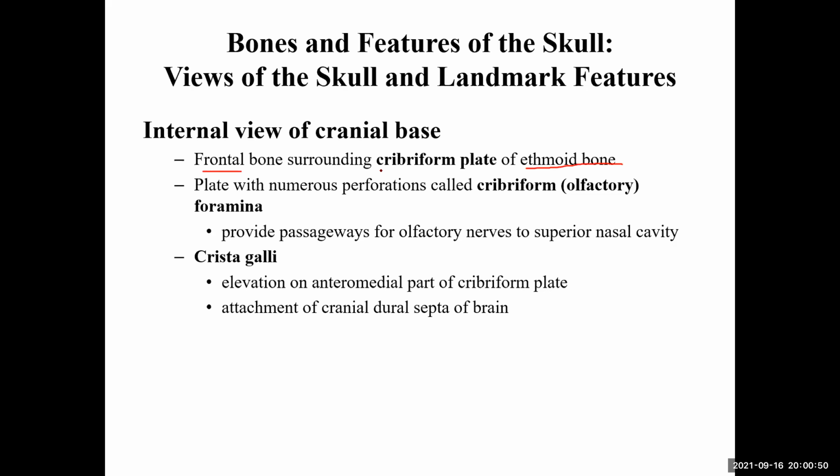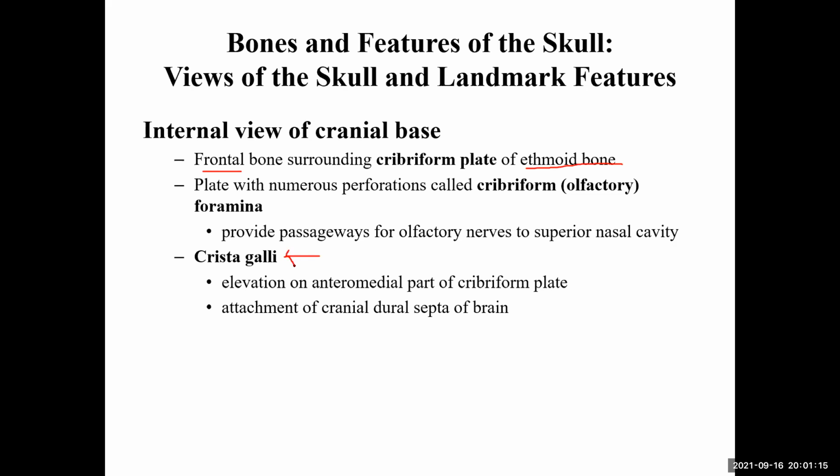And the olfactory nerves are going to enter into the olfactory foramina and go down into the superior portion of your nasal cavity. So the top portion of the cavity for your nose there. And in the dead center of this cribriform plate, we've got this structure here, which is called the crista galli.